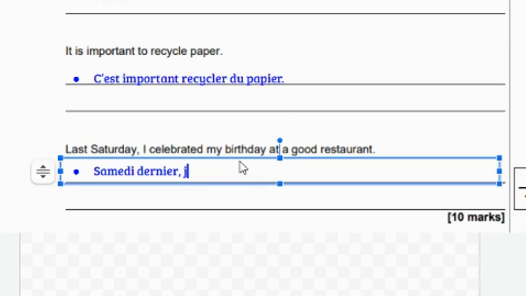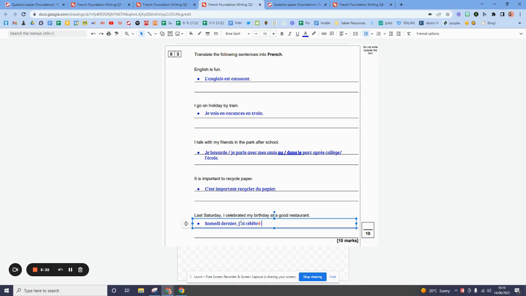This is key. J'ai célébré. I need this to be with an accent. If it's not, I will not get the point, okay, for that particular grammar. If you even missed this and put je célébrais, you will still get the point for past tense if you include that E accent.